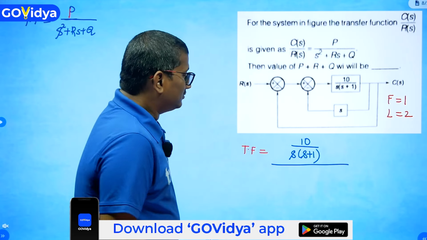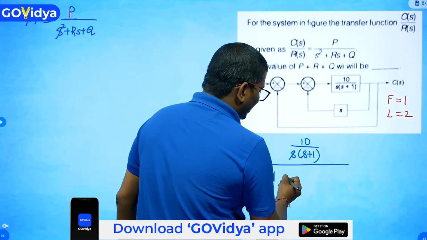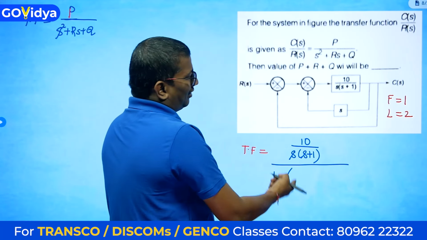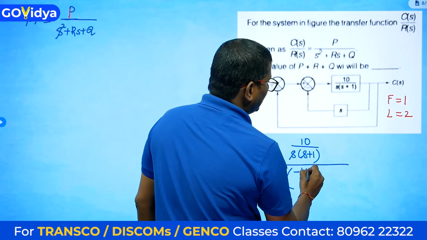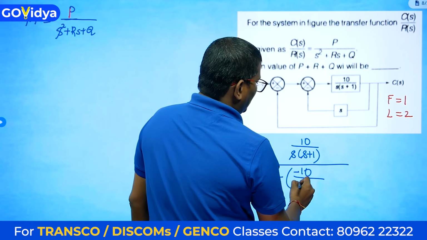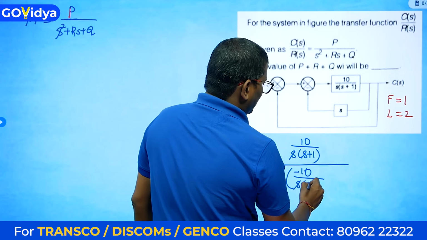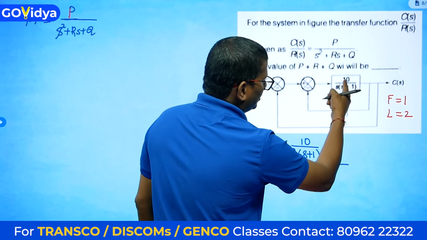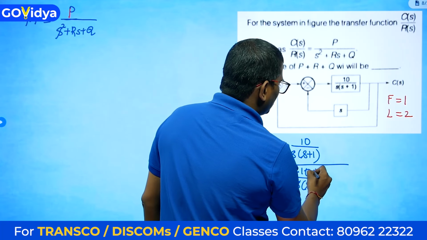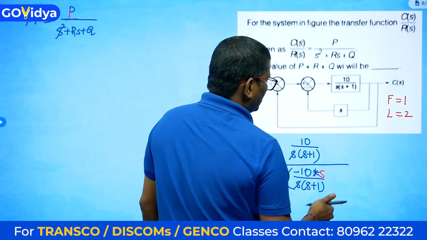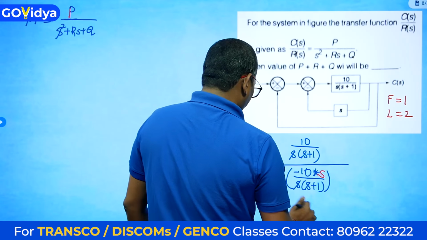Okay, right? What is the transfer function? 1 minus. What is the first loop gain? Can I say minus 10 by S into (S plus 1), multiplied by G S H S, which is S. Okay.